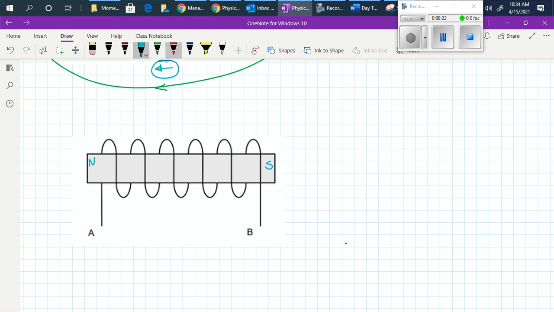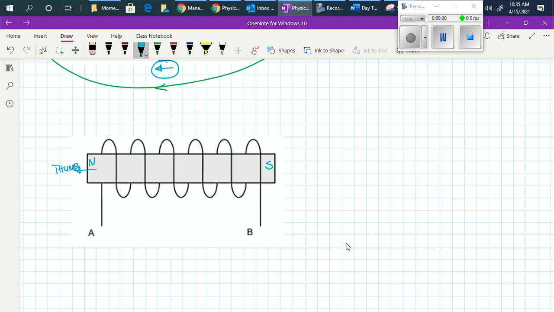So what we will do is define the thumb. This will be the direction of the thumb, because the direction of the thumb is telling us the direction of the magnetic field. Now, the fingers will coil the block or the solenoid. And then what we see here is that at the top part of the solenoid, the negative charge is going out of the page.